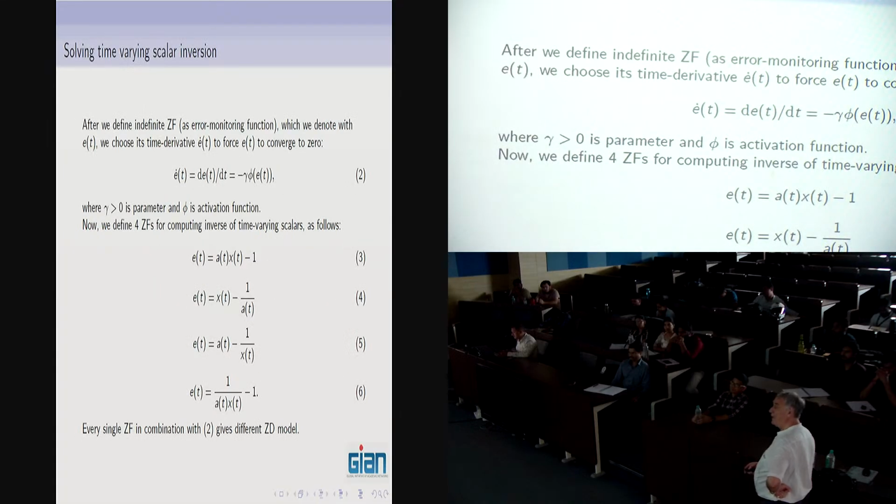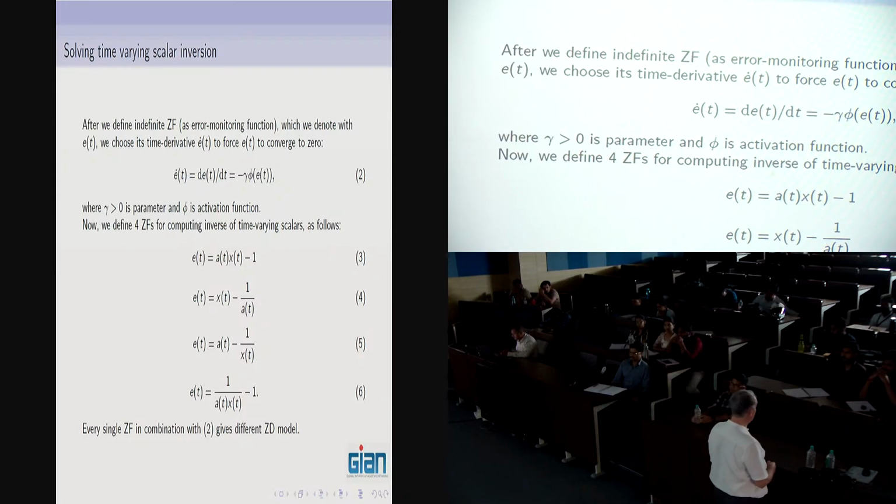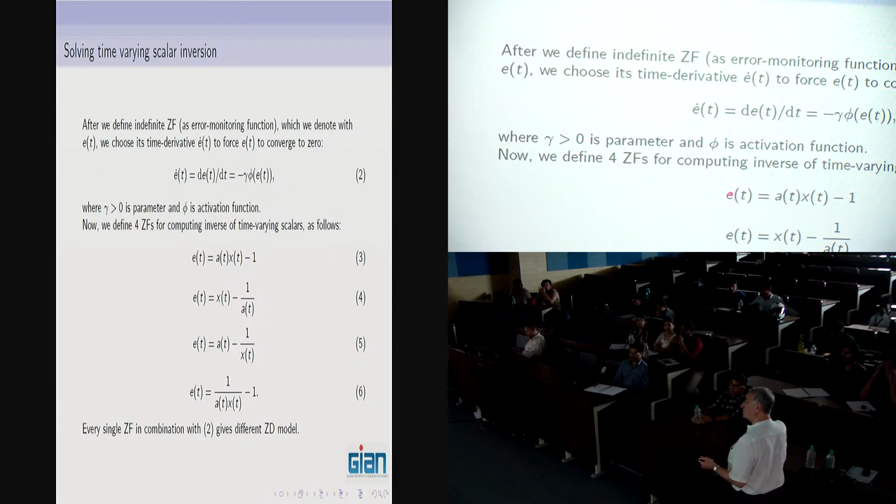Okay. Here is our start in defining ZNN models. In the material which you have, there is one working version of a book, and this book includes scalar valued input, vector valued, and matrix valued.